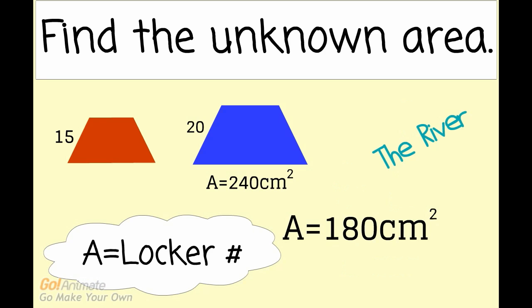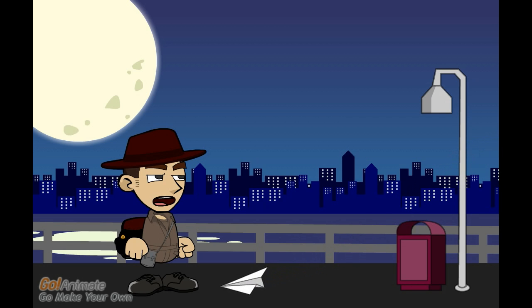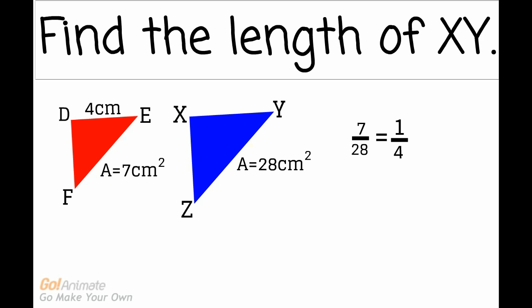Let's go. Look. A paper plane. It looks like there is something written on it. Let's check it out. Find the length of xy. So, the first thing we have to do is find the side ratio, which is 7/28. Then, you simplify it to 1/4. Next, you find the square root of the side ratio, which is 1/2.